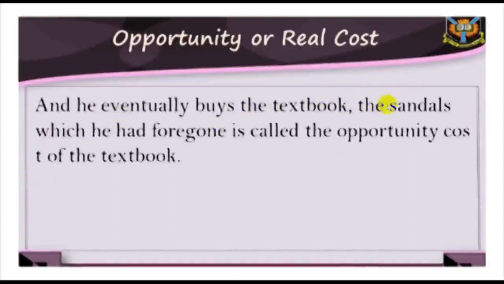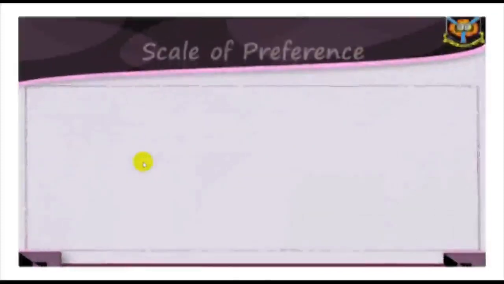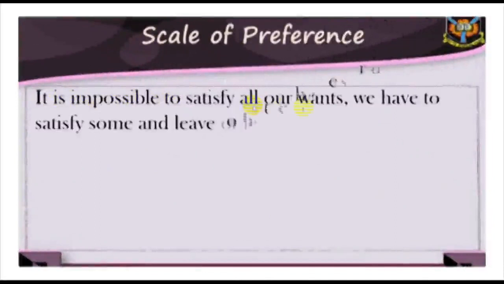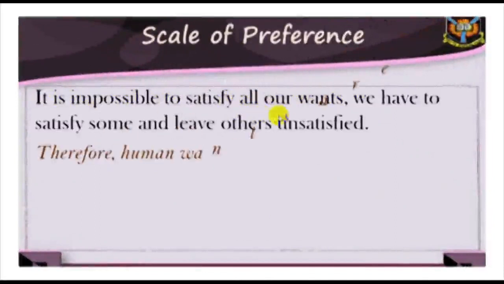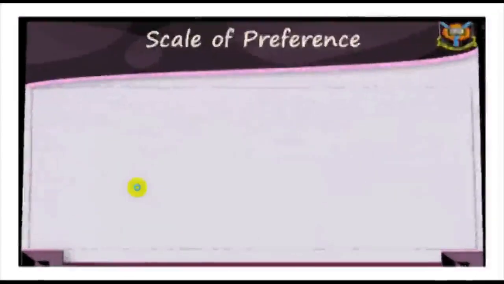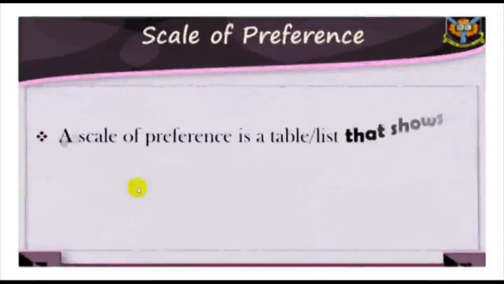The satisfaction of some wants implies the sacrifice of others. A means of determining which of the wants to satisfy is by constructing a scale of preference where wants are arranged in descending order of their importance. A rational consumer will prefer to satisfy the most pressing needs before going to the less pressing ones.